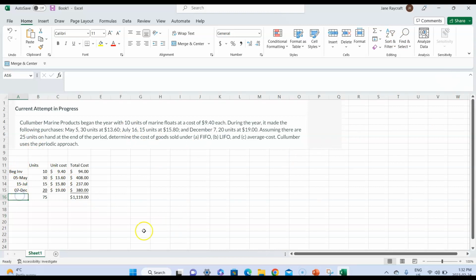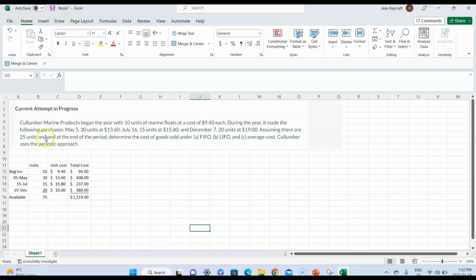So that's what's available. And again, for all of the methods, FIFO and weighted average, it's often a good idea to figure out what's available in units and dollars. It is mandatory in weighted average.